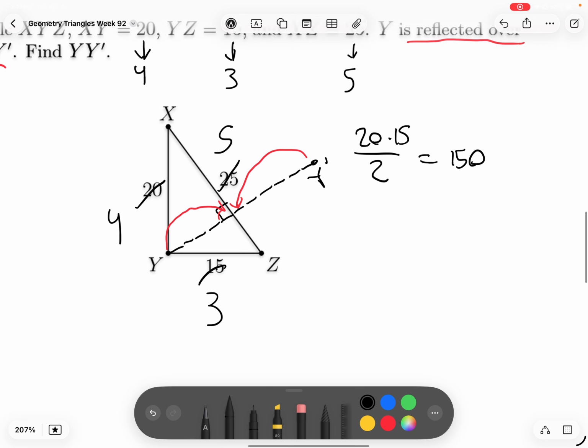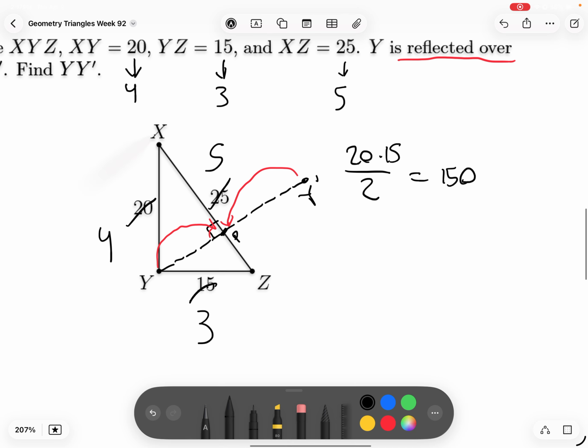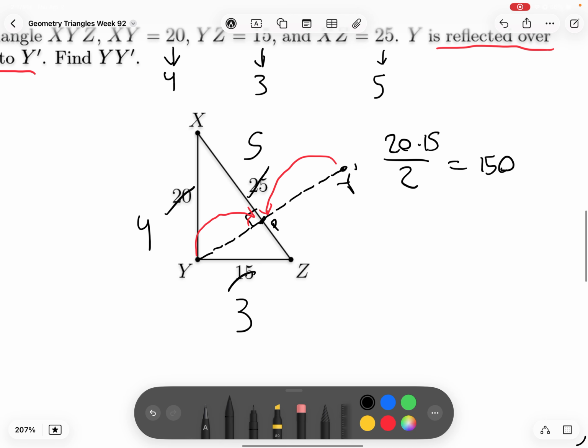Now, if the area of the triangle is 150, that tells us that if we have an altitude, we're going to label this P. If we have an altitude YP, where P is on the line XZ, so that YP is the direct perpendicular altitude, then 25, or XZ, times YP divided by 2 must also be equal to 150, because they're the base and altitude of the same triangle.